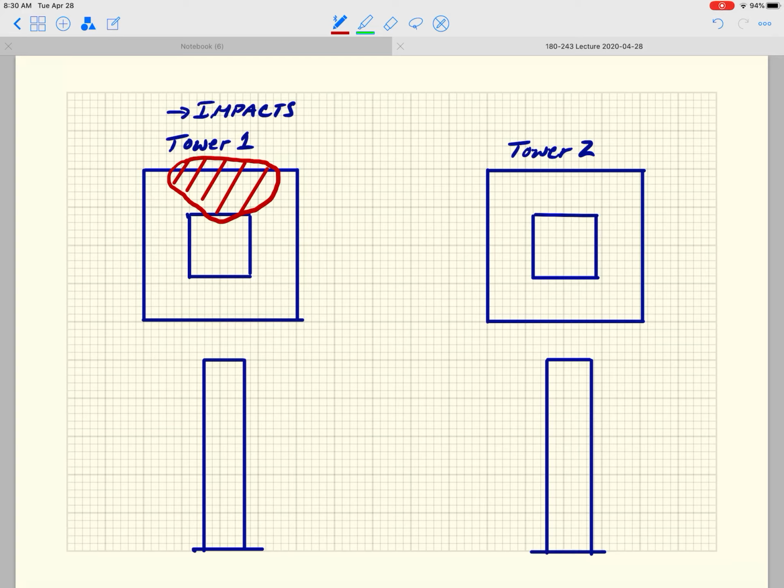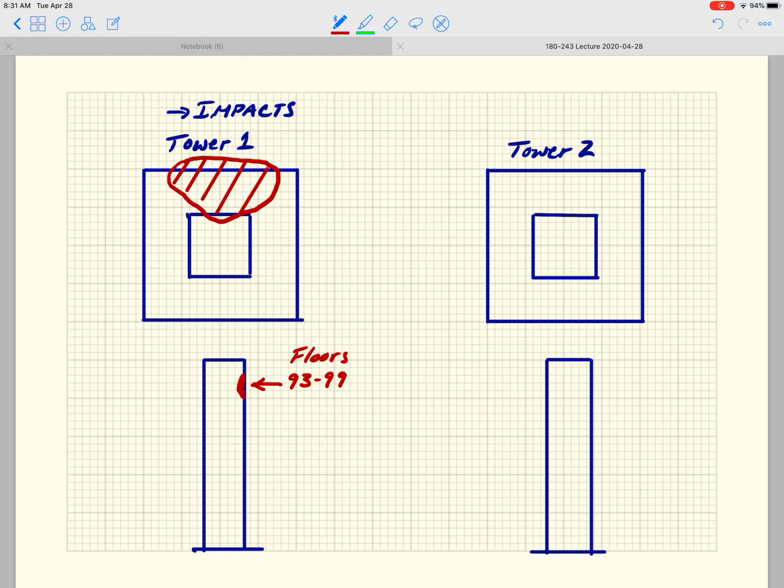But that's roughly where the impact occurred, right? And it occurred between the 93rd and 99th floors, right? So it was relatively close to the top, right? And it was, importantly, directly in the middle of a face, okay?